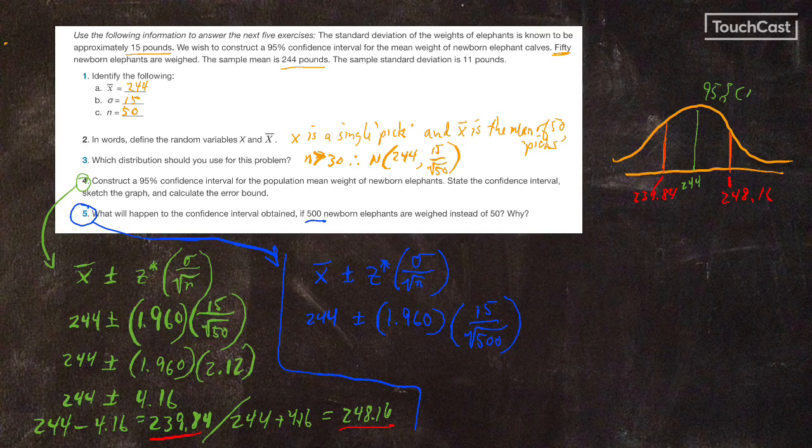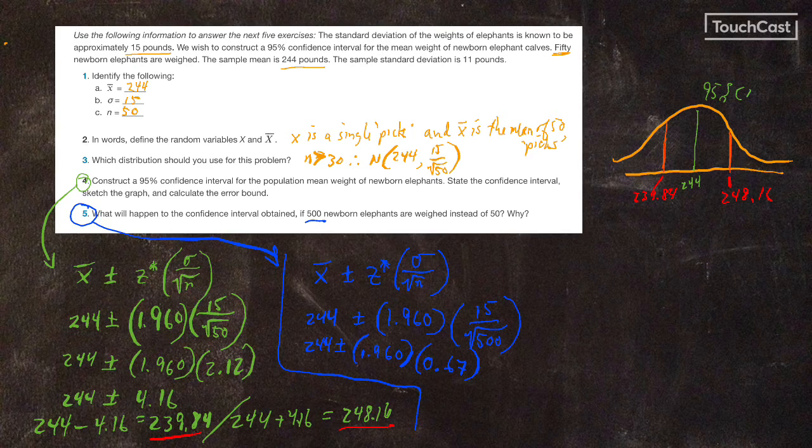And you can imagine that as n gets bigger, this number is going to get much smaller, which means the confidence interval is going to get much smaller as well. So if I do the math here, 15 divided by the square root of 500 is roughly 0.67. So here we have 244 plus or minus 1.960 times 0.67, roughly.